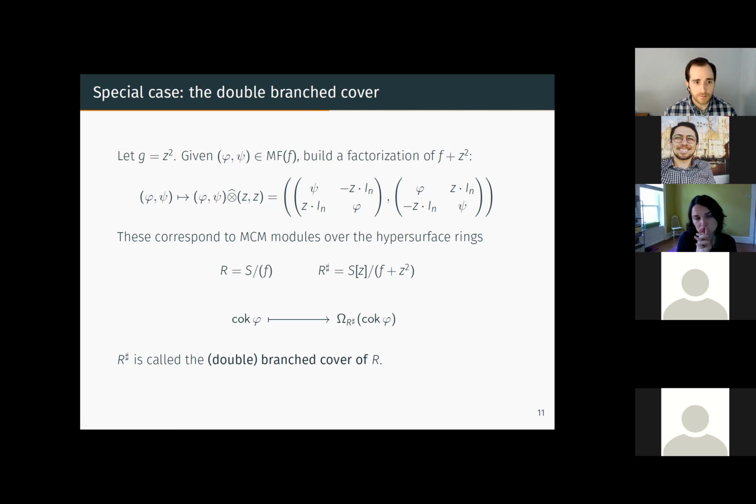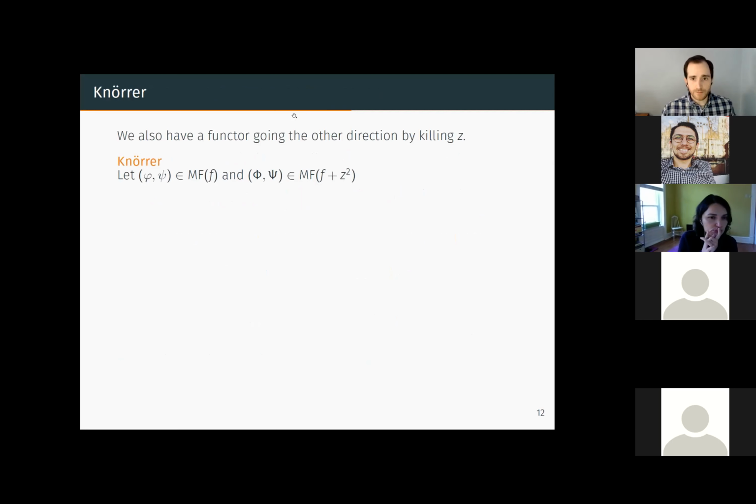So I already mentioned there's a functor going backwards on the rings, but there's also, for matrix factorizations, if you start with a matrix factorization of f plus z squared, you can get one of f by killing z. And so what Knörrer does is look at the composition of these two functors.